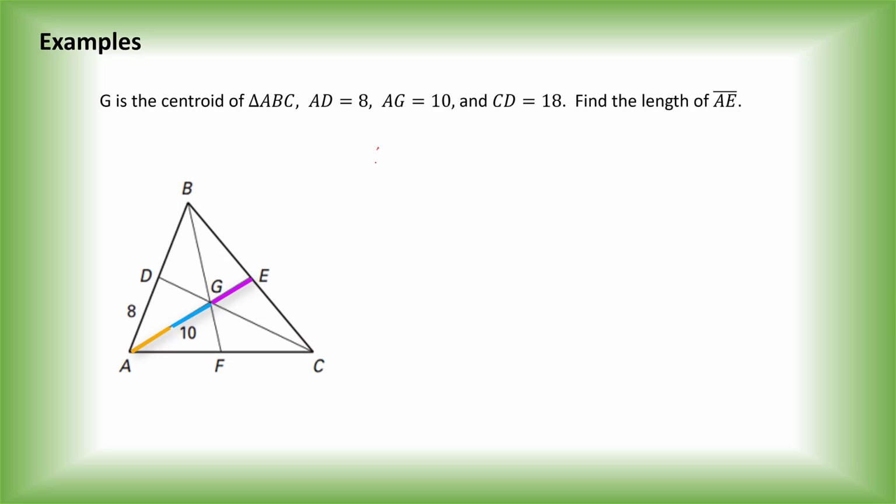So I'm going to start with AG and divide by how many colors make up AG. Well, AG is made up of 2 colors, so divide by 2. And we want to find AE. Divide by the number of colors AE is. 1, 2, 3.